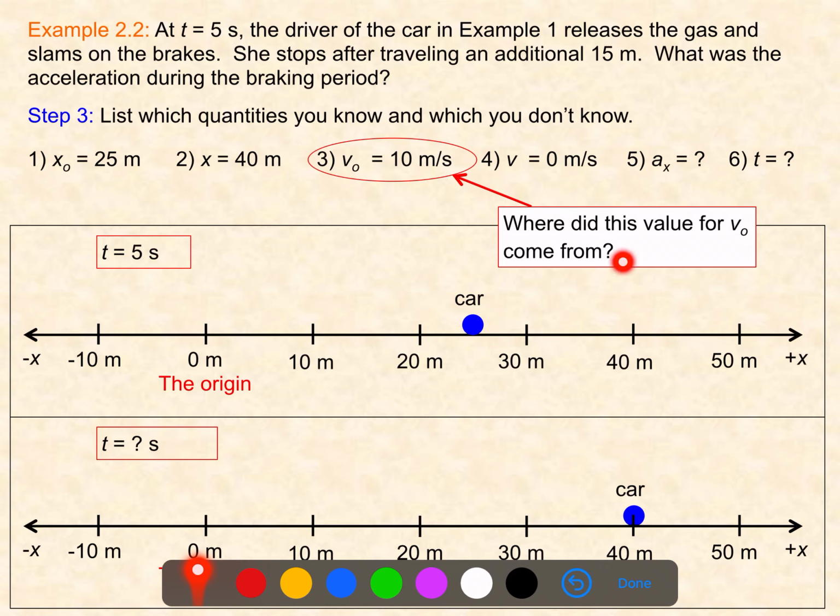But back to this question of how do we know where this initial velocity came from? Well, if this is a continuation of the same car's motion, then the final velocity from the previous part is going to equal the initial velocity here. Maybe I should do that in a different color. The final velocity from the previous part will equal the initial velocity here.